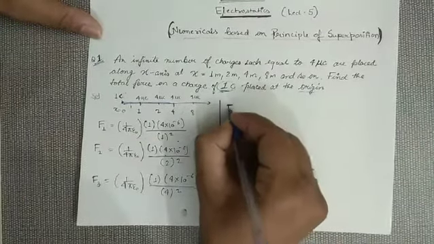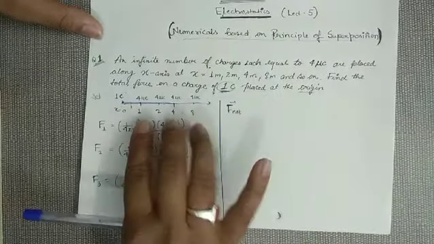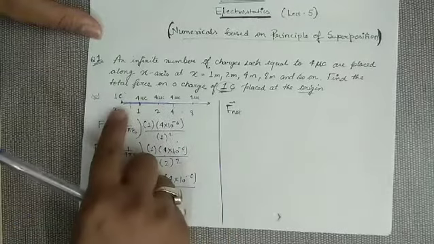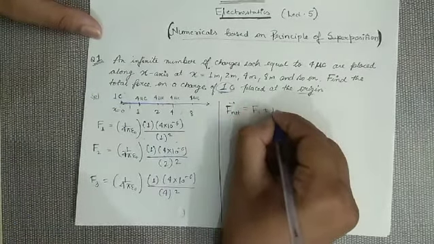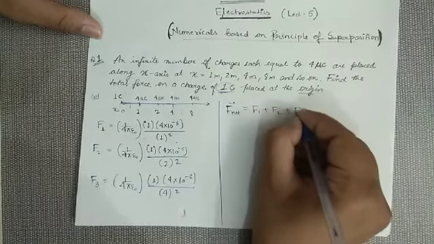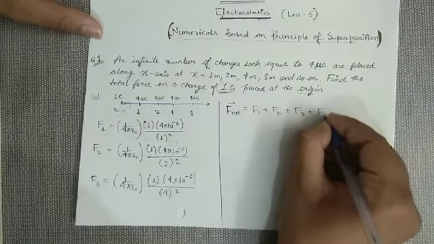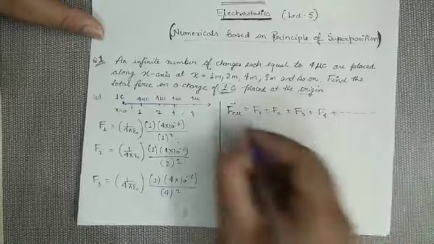So what will be the net force? All these charges are applying force on this in the same direction. So we can just add them. And more charges are there.